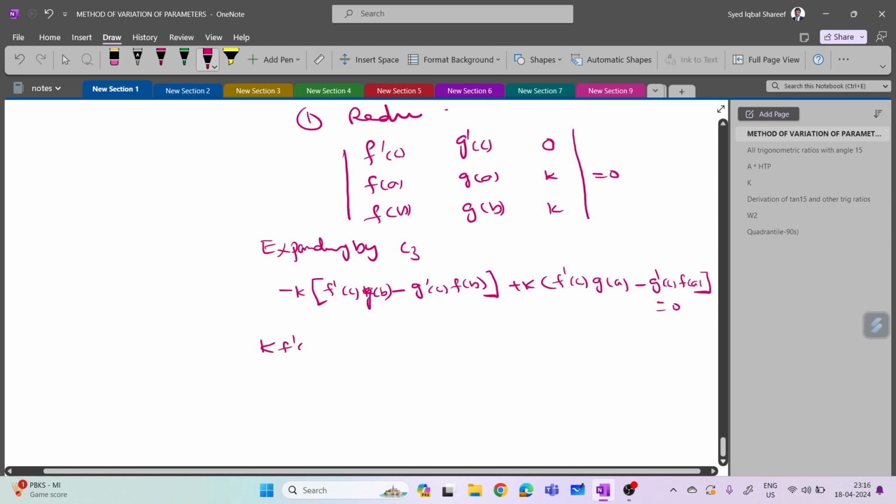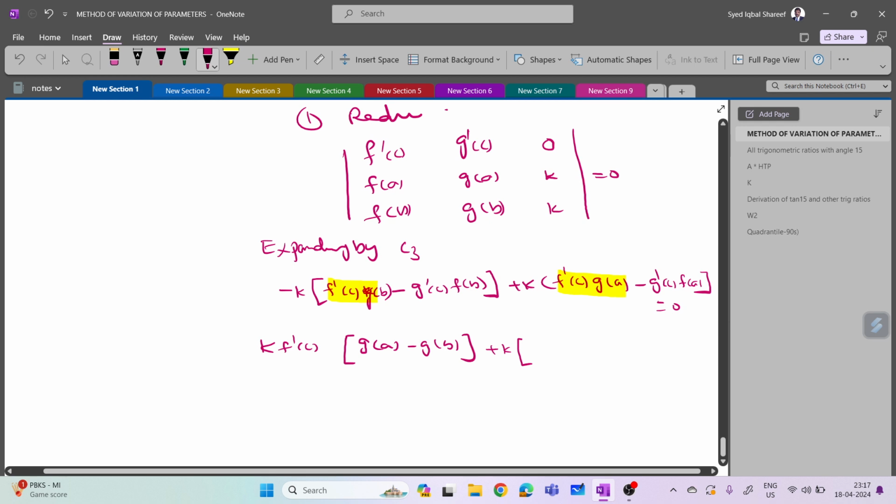Now k of f dash c, if you take common, this is g of a minus g of b. Next, if we take k common, this will be minus k common.